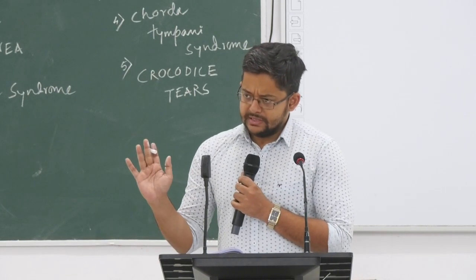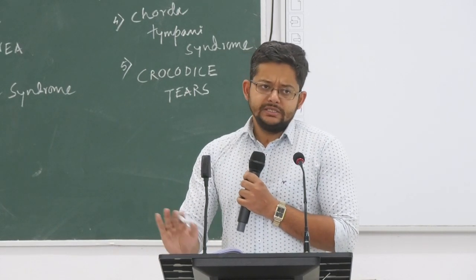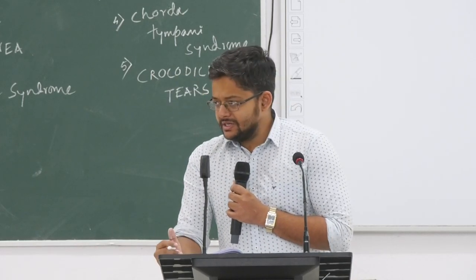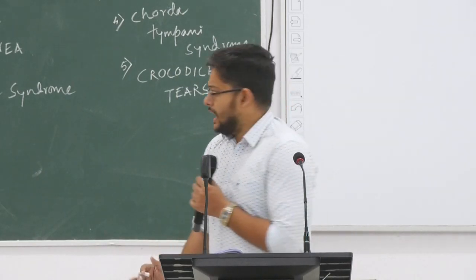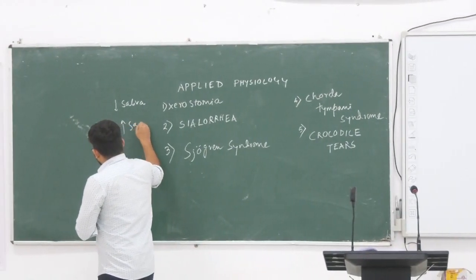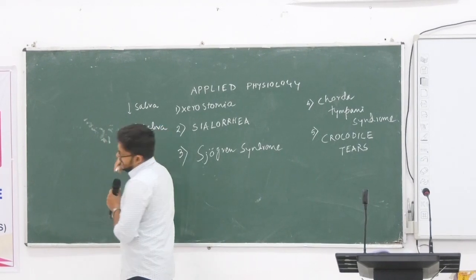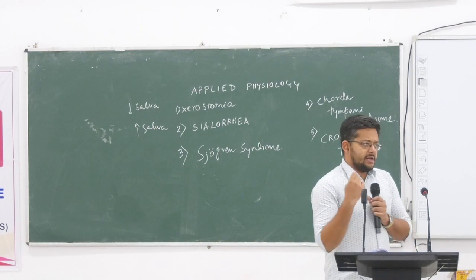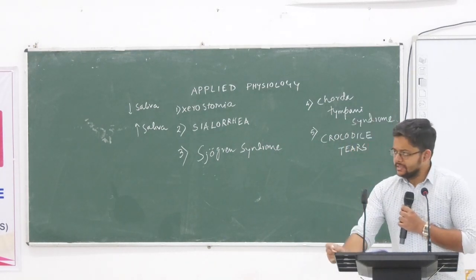Second is sialorrhea, just the opposite of it. Here what happens, there is more secretion of the saliva. So high salivary secretion. What could have been the cause? Cause can be again plenty. It can be due to certain drugs. It can be due to certain other disease conditions.